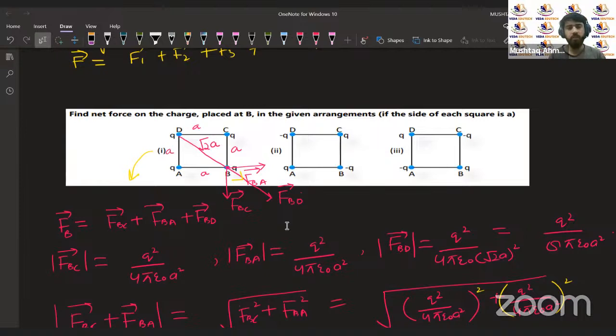All these things will be discussed in the next class, and that's it for today. We'll be discussing the equilibrium situations, and we'll take up the electric field lines and their properties in the next class, along with some questions related to the superposition principle.